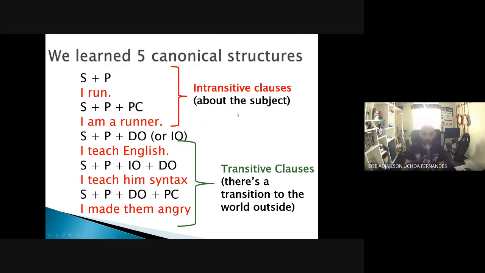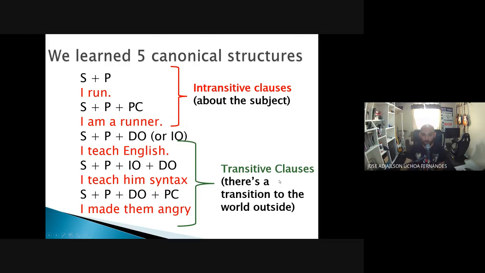States of being are not transitive. I do not have to transit outside myself. Well, unless I have identity issues, but that belongs to myself. I run. I am a teacher. I feel like this or like that. Intransitive.